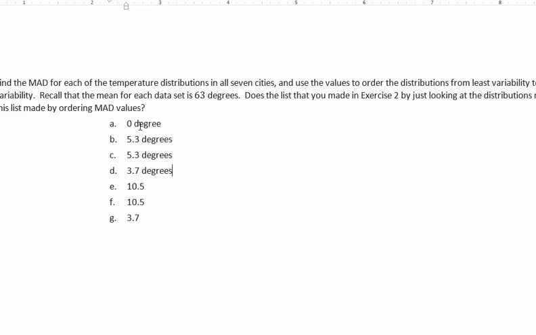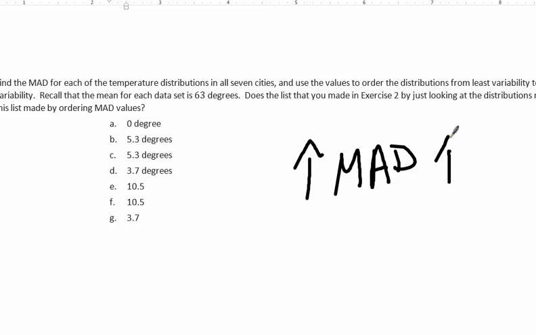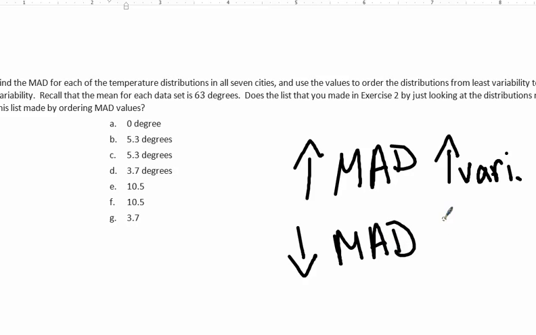And in City D, it was 3.7 degrees. So what we're looking for is your MAD. The higher your MAD is, the greater the variability. The lower your MAD is, what do you think? The lower your variability.